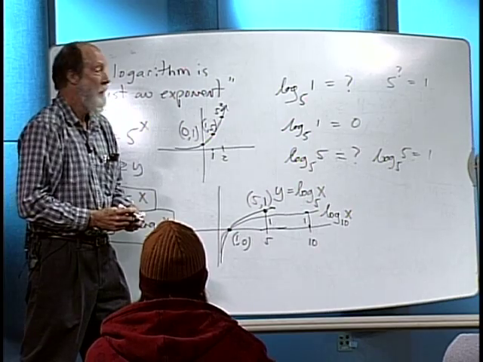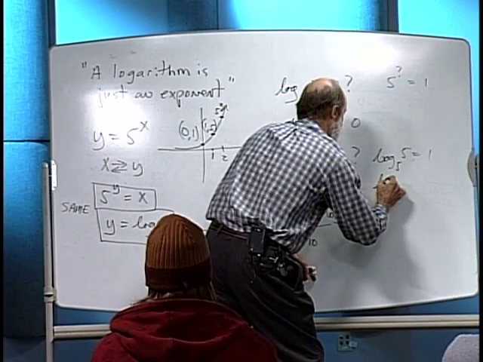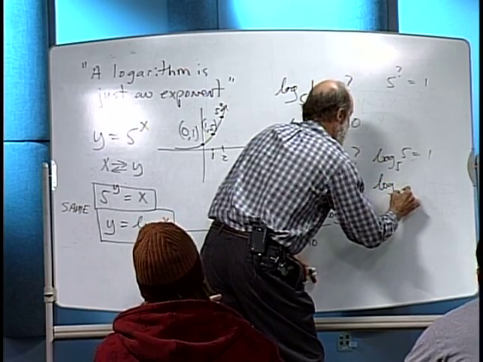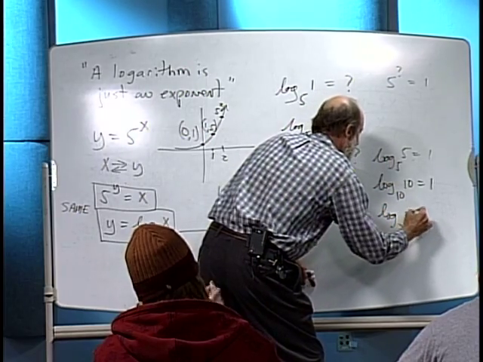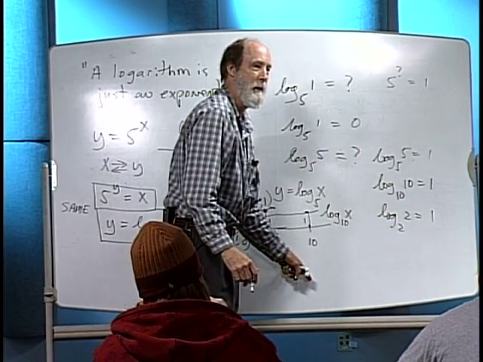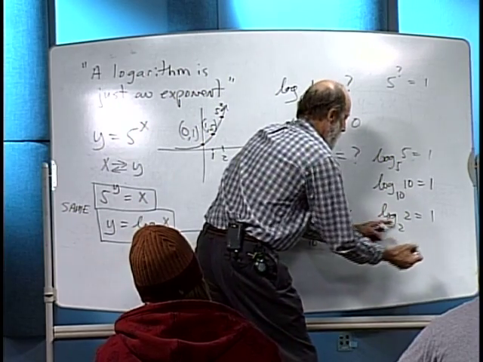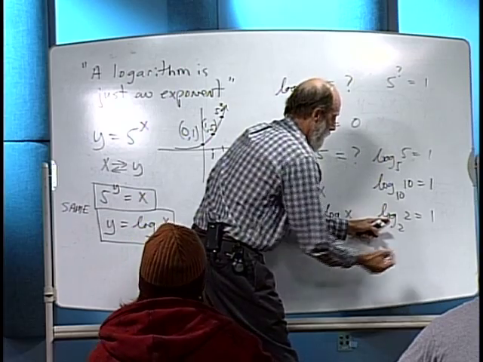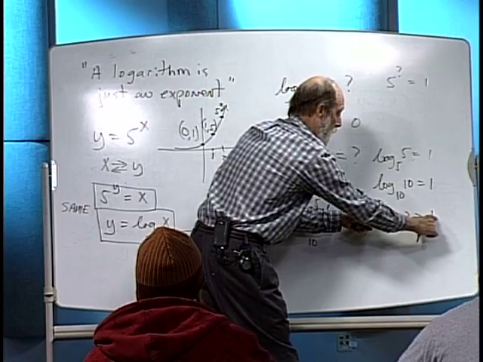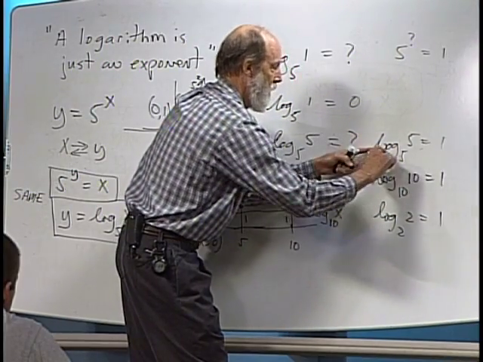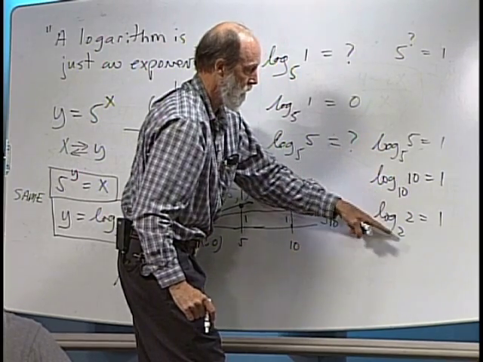If you can keep those things in your head, these things will always be 1. What I mentioned in words a moment ago is log base 10 of 10 is 1. Log base 2 of 2 is 1. The equivalent statements shown here is that the exponent here is 1, isn't it? So you see these logs here? The exponent is 1, the exponent is 1, the exponent is 1. The base is shown right here as a subscript.